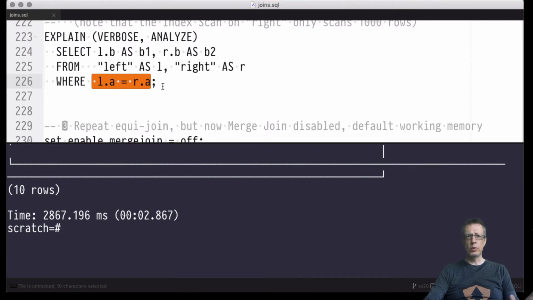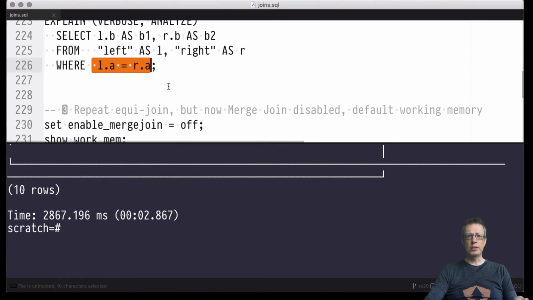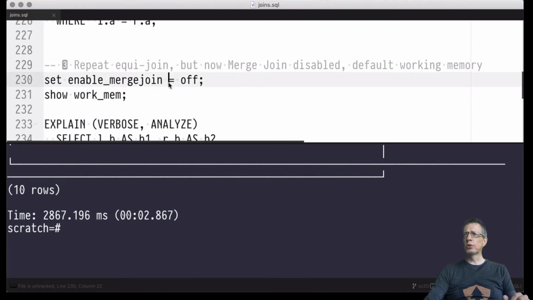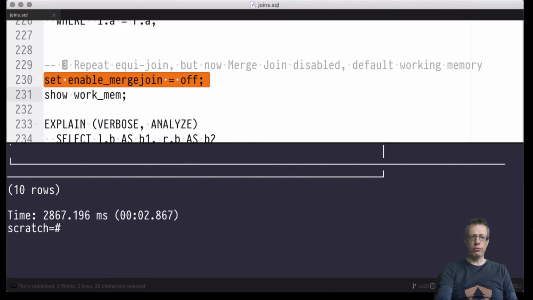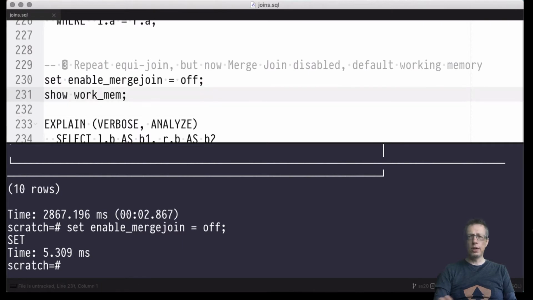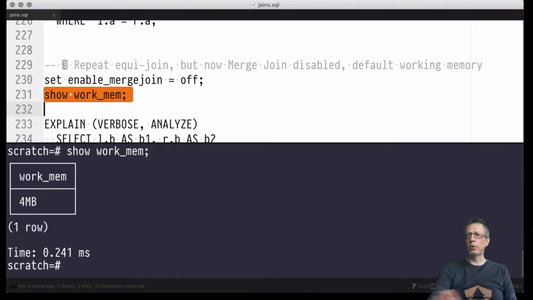And as we will see in the second step, hash join has some rather hungry memory requirements, and this can lead to problems. So let's first switch merge join off temporarily and then look at the current working memory that is available. This is the 4 megabyte default.